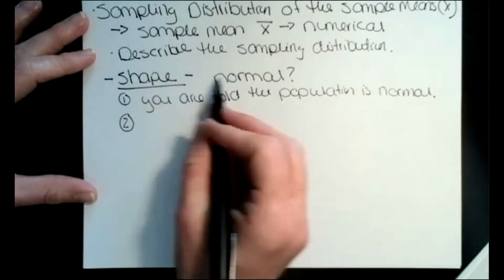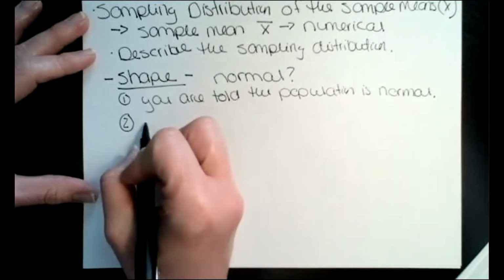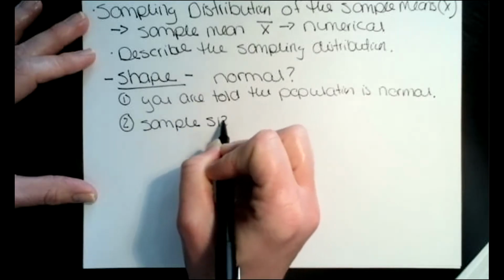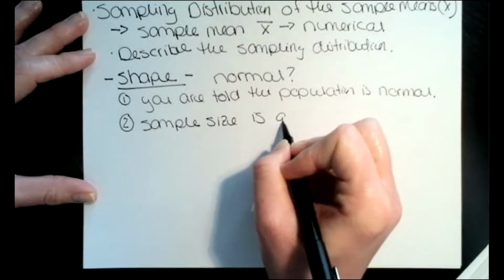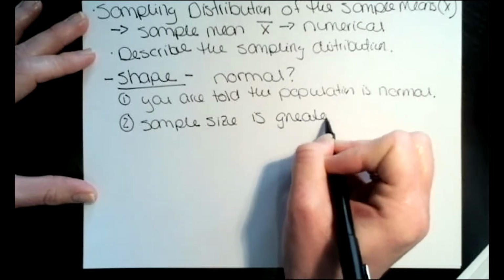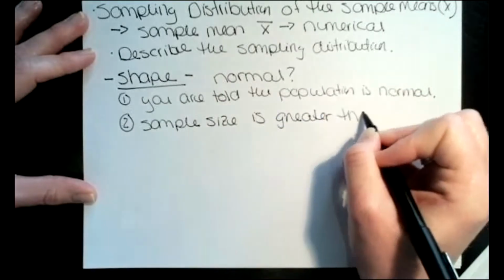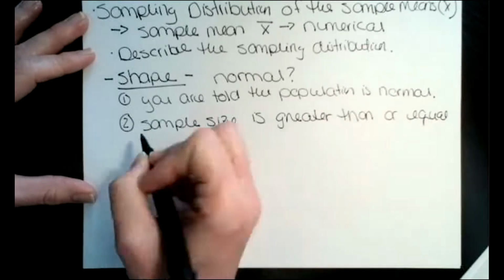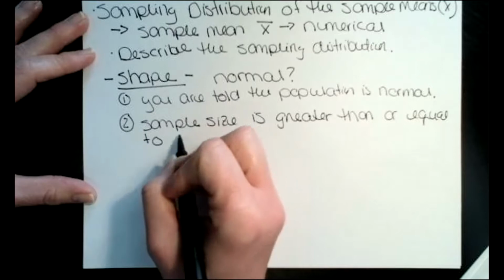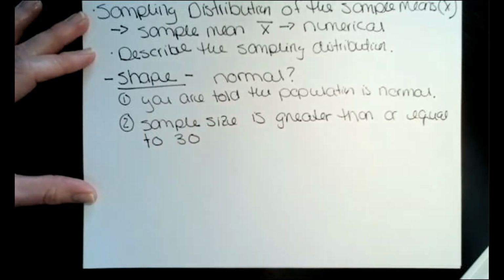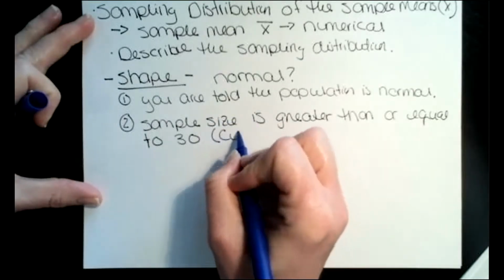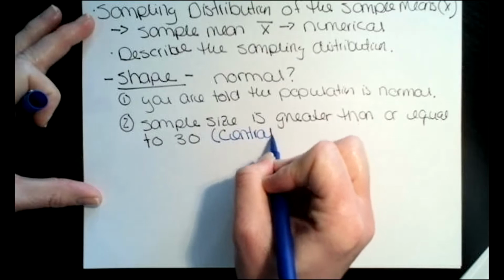The second way to tell that it's normal is that the sample size is greater than or equal to 30. And this is from our central limit theorem.